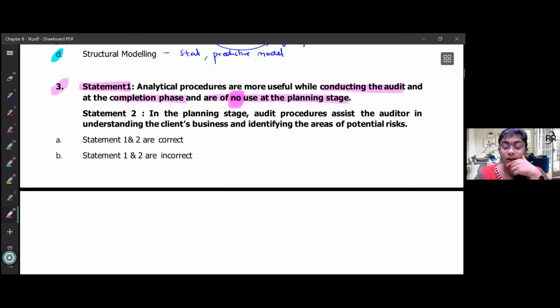See, students, analytical procedures are performed in planning, performing, meaning conducting of audit, as well as completion. In planning phase also, analytical procedures are done to identify the risk, understand the business, design procedure. Here they say they are of no use in planning phase. Naturally, this is incorrect.